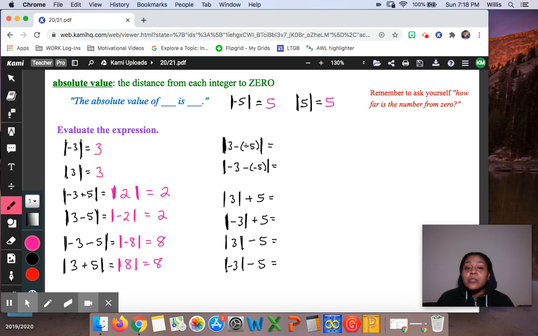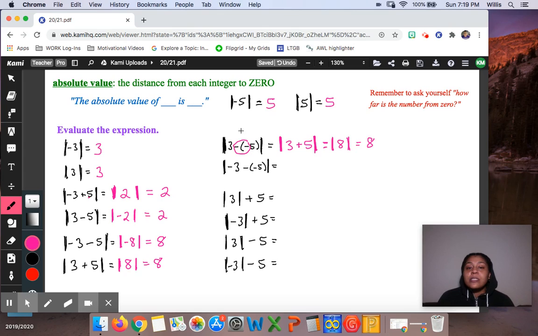What happens when you have this minus sign and negative sign next to each other? So that means we need to rewrite the entire expression on the inside before doing anything else. We're going to clean it up. This changes to a plus, then 5. Okay, rewrite again. I am showing all of my steps. So now we can take care of 3 plus 5 to get 8. So the absolute value of 8 is 8.